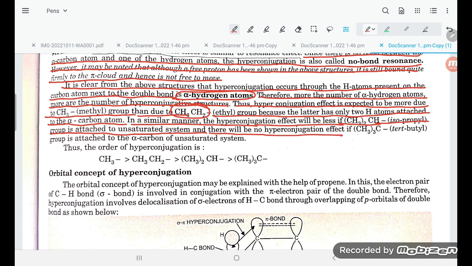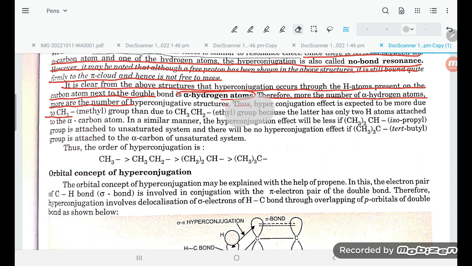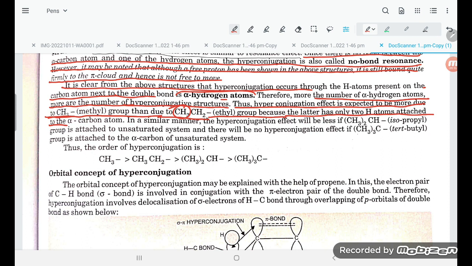Okay, so the point which we have to understand here is a very important point. Let us try to explain, student. The more the number of alpha hydrogens, the more the hyperconjugating structures. Thus, the hyperconjugation effect is expected to be more due to the CH3 methyl group than due to the CH3CH2 group, because the latter has only two H atoms attached to the alpha carbon atom.